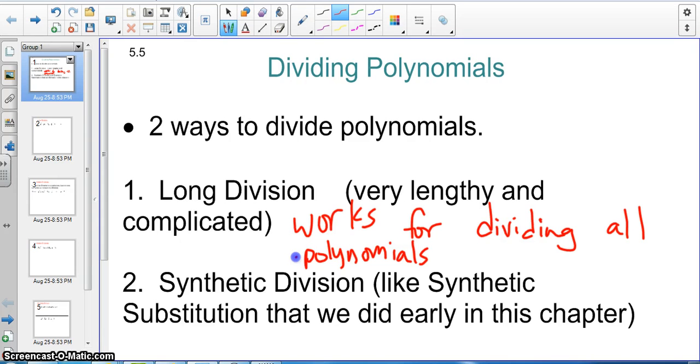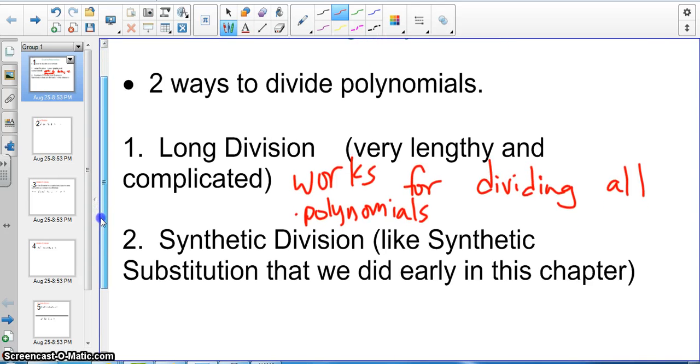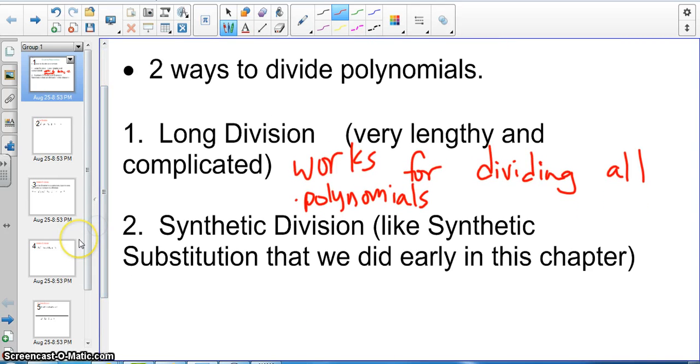The second way is synthetic division. Synthetic division is very much like synthetic substitution, but there is one fallback. It only works if we're dividing by a binomial.